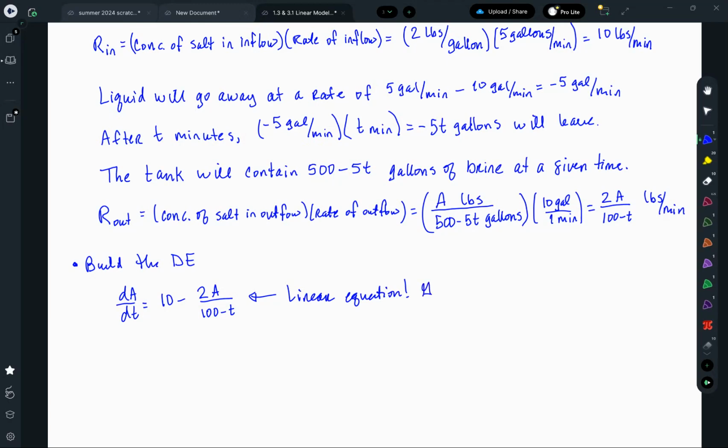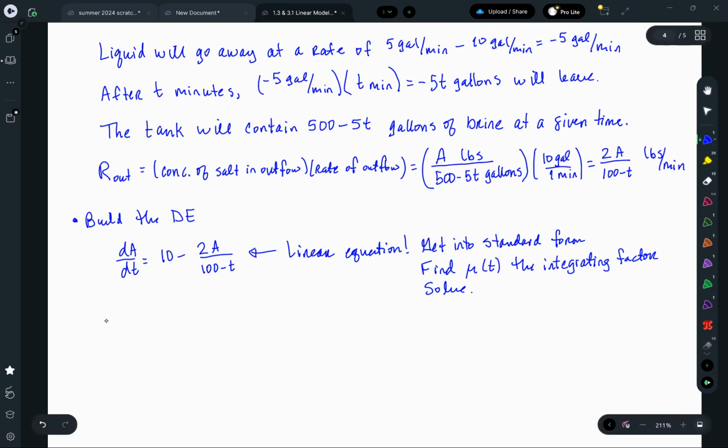So we want to get into standard form, and then we want to find mu, and it's not mu of x now, it's going to be mu of little t, the integrating factor. And then solve.